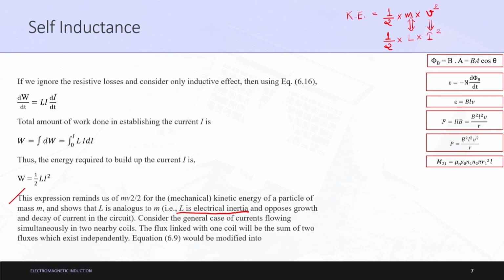L is electrical inertia and opposes, what does it oppose? It opposes growth and decay of current in the circuit. What does mass oppose? Mass opposes velocity in any particular direction. But what does electrical inertia or self inductance oppose? It opposes the growth and decay of current, growth as in increase in current, decay as in decrease in current.